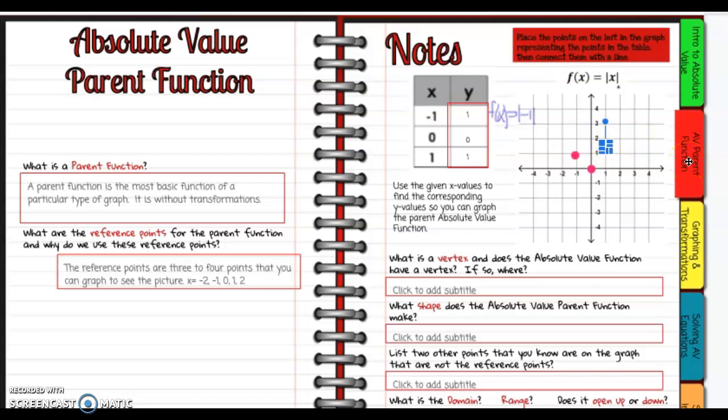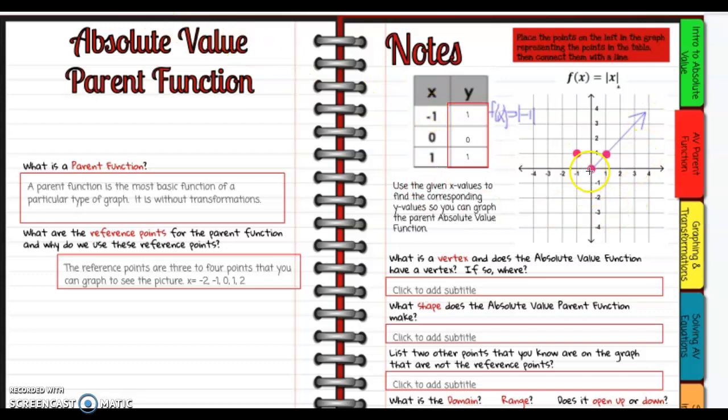Whoops, let's move that down. So it would look like this. Go ahead and move that one over just a tad. Okay, so this is what our 3 reference points look like. So now, as I draw my line, I'm going to start here, and I'm going to extend it out this way.